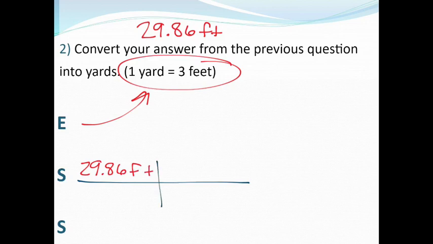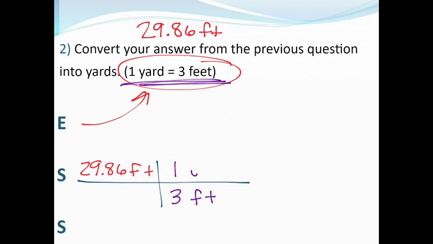And now if we're trying to decide how to use this conversion factor, because I have feet on top of my dimensional analysis bracket as my given, then I need to put the 3 feet on bottom in order to keep that diagonal rule true. Always has to be true in our problems.